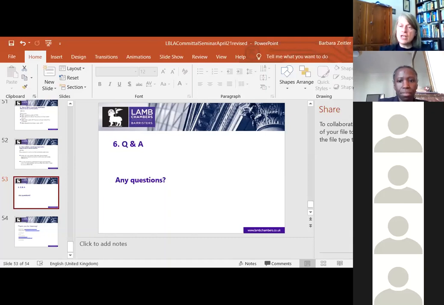But I think generally the expectation is, even in current circumstances, if at all possible, produce an affidavit, and a witness statement is the default position.